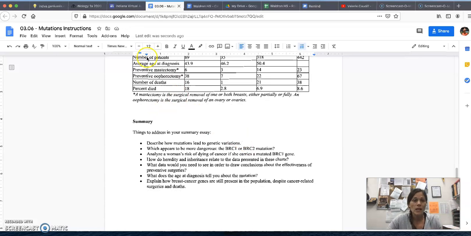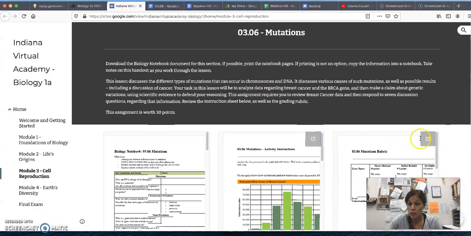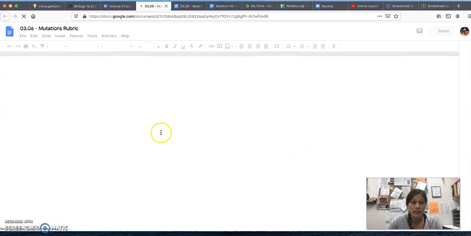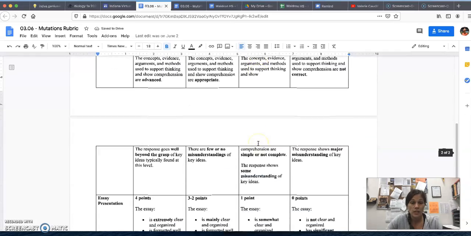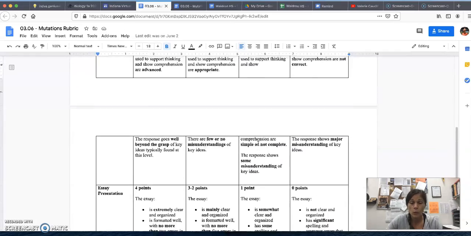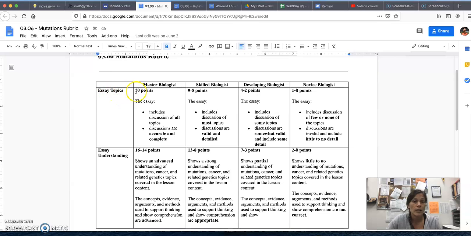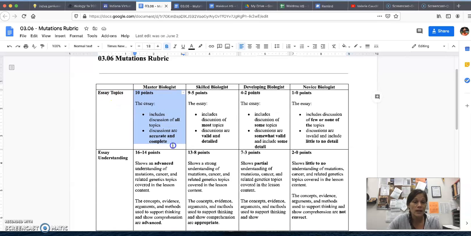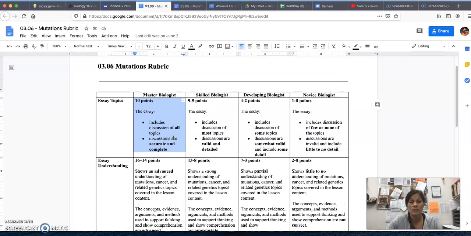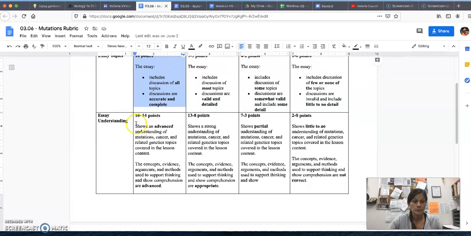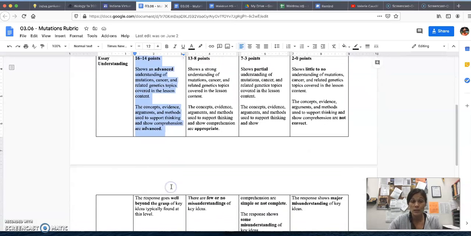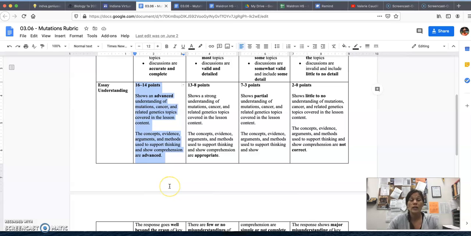We also can and should always take a look at the rubric. Here's your grading rubric worth a total of 30 points. We want you to be that master biologist. You can earn 10 points for discussion of all topics in accuracy and completeness. You will earn a total of 16 points to show an advanced understanding of mutations, cancers, and genetic topics covered in the lesson.